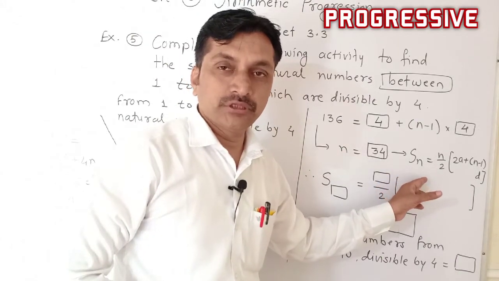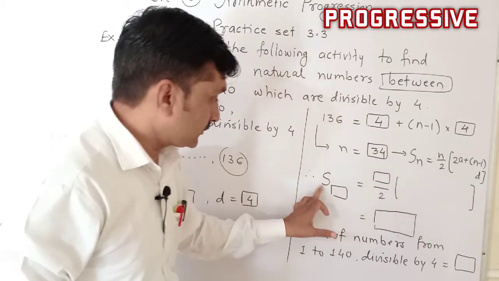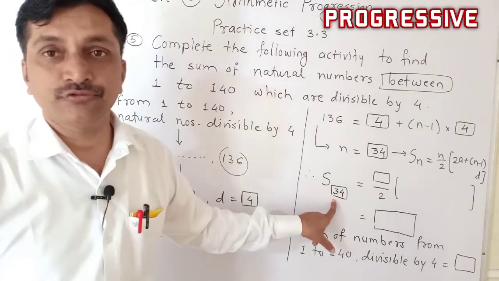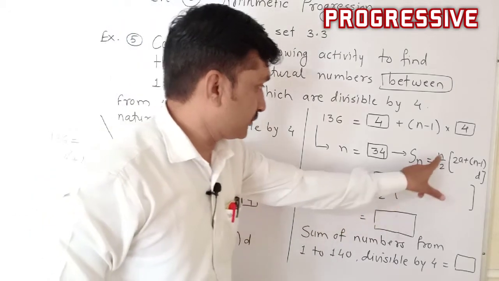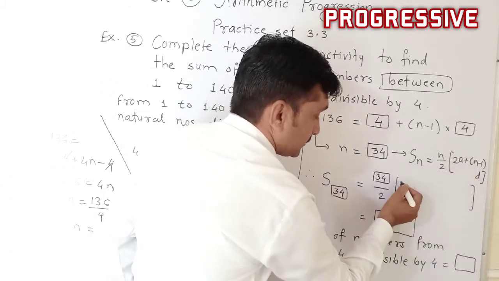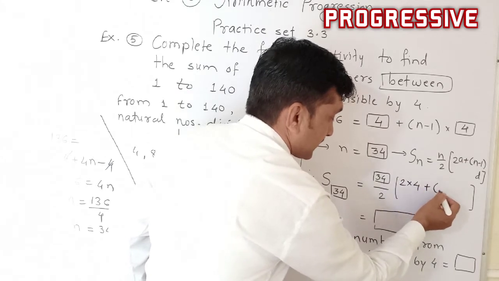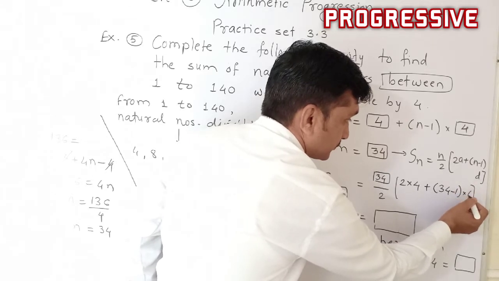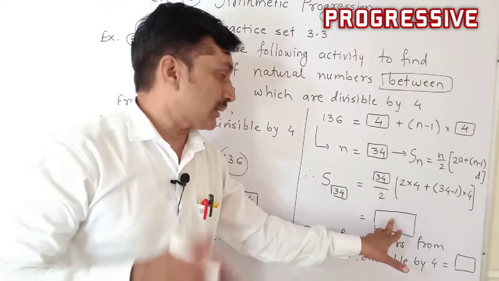Let's put the values. n means 34, so there are 34 terms in total, and we have to find their sum. Sn is equal to 34 upon 2, bracket 2 multiplied by a, which is 4, plus (34 minus 1) multiplied by d, which is again 4.